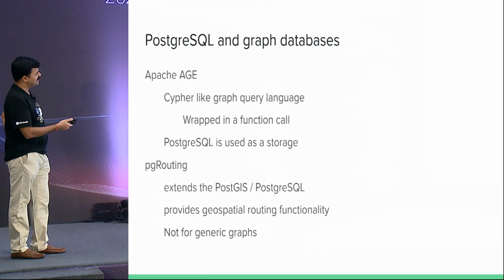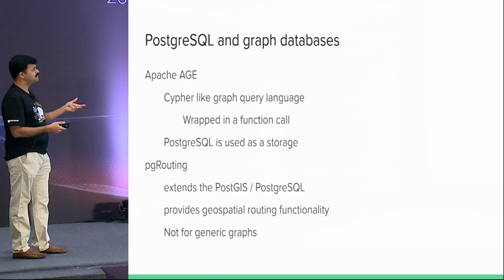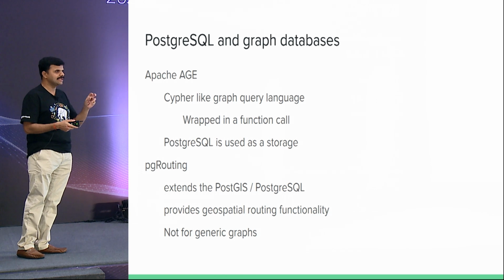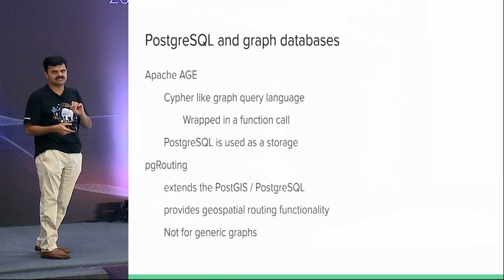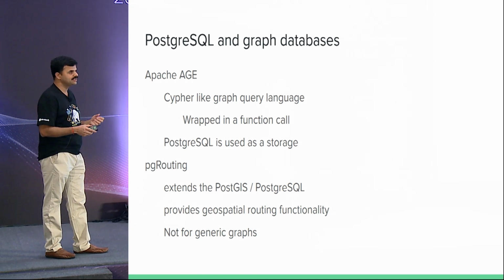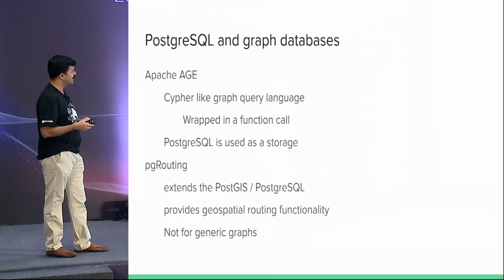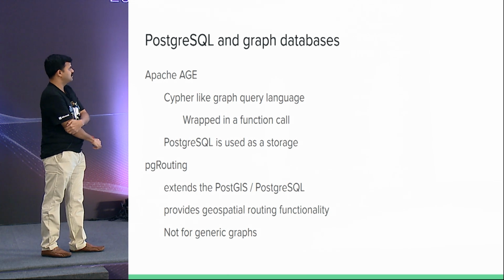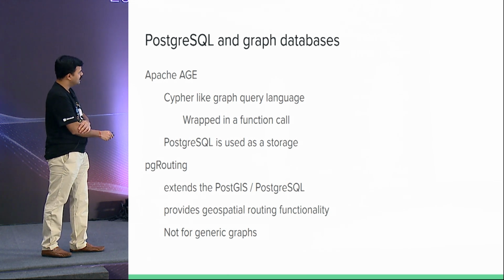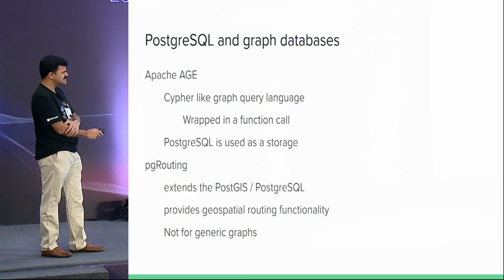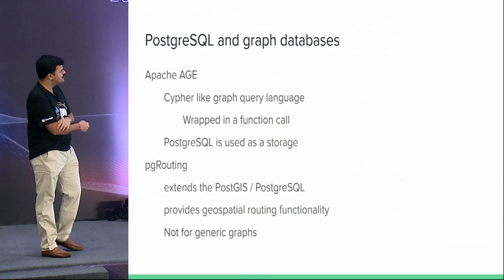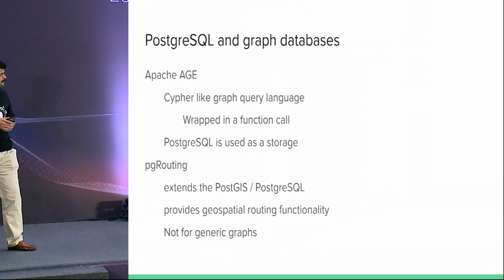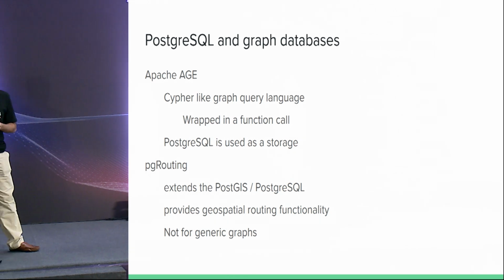It provides a Cypher-like graph query language, which needs to be wrapped in a function call. So the interface is not natural. It's not that intuitive. But it still gels well. And then PostgreSQL is used as a storage. The other thing is pgRouting, which is lesser known, but it is used along with PostGIS for geospatial routing facility. And it cannot be used for general graphs.